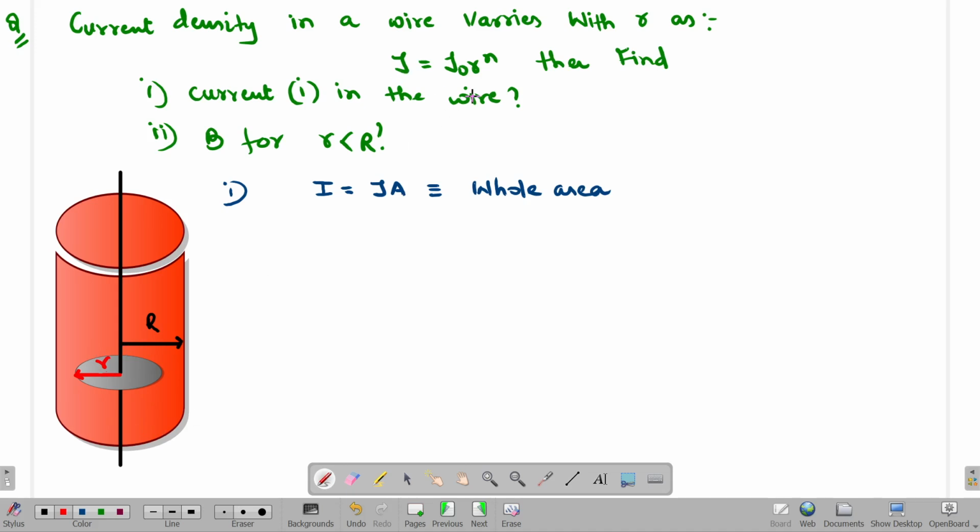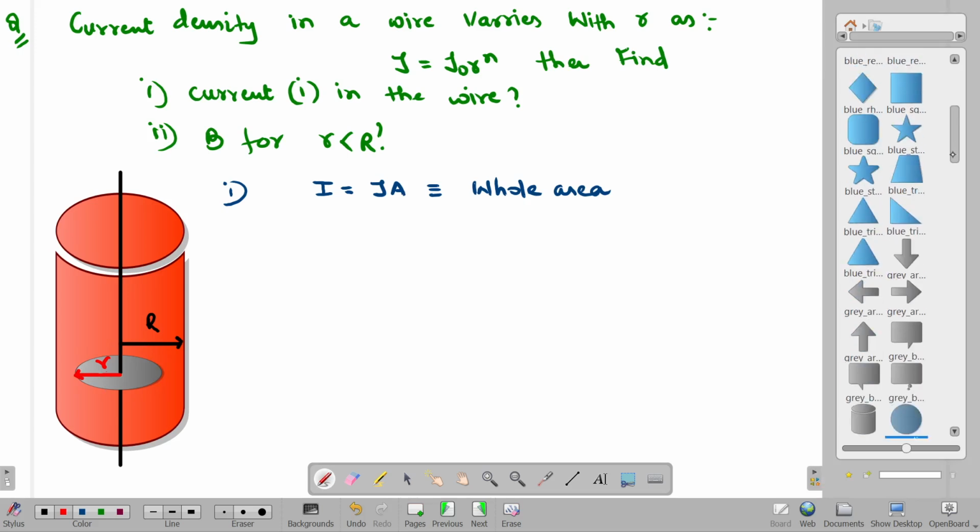See, current density is varying with radius. In this region, I have to find the current. How much area is there? How much current is there in this area? J is also varying. So you know that for this kind of disk, I need to first consider a ring element, isn't it?